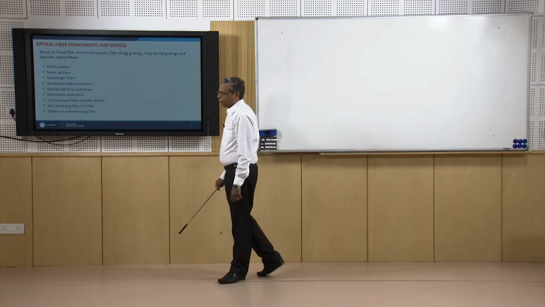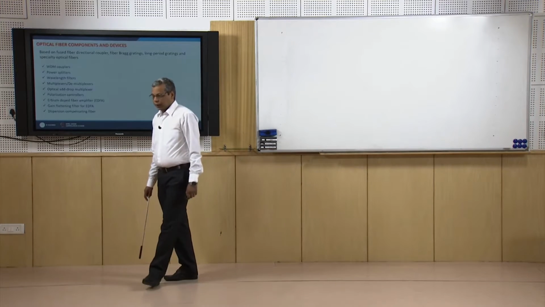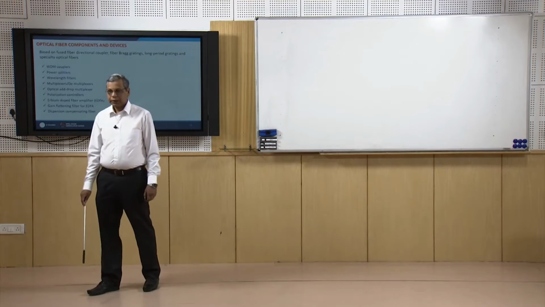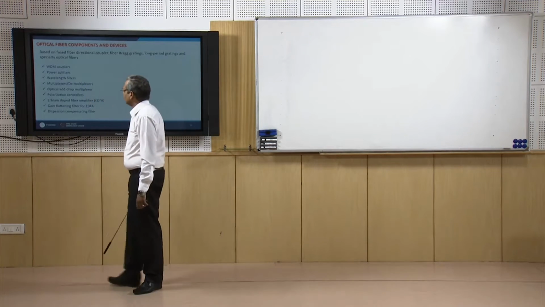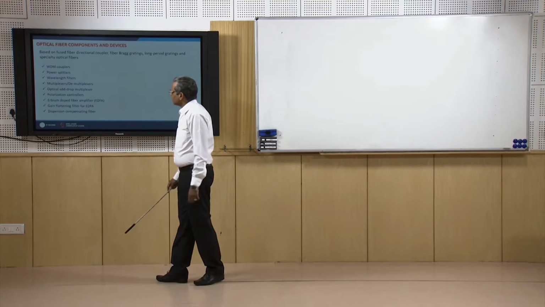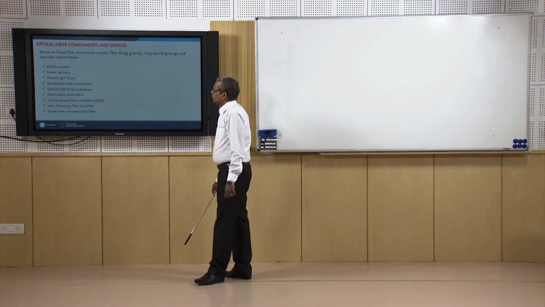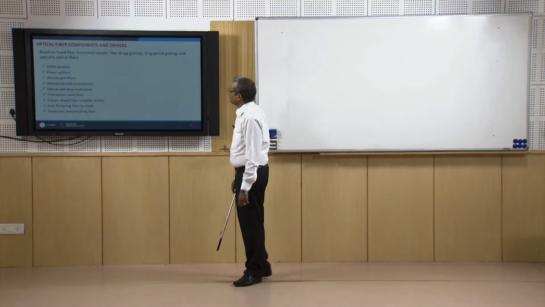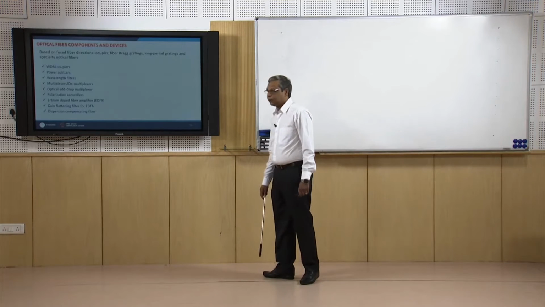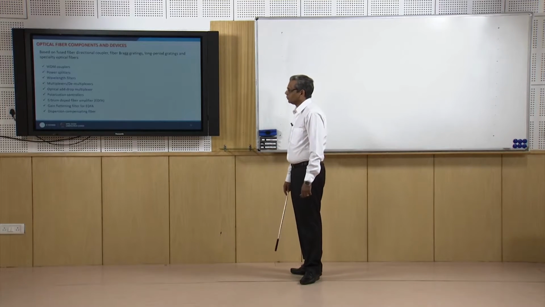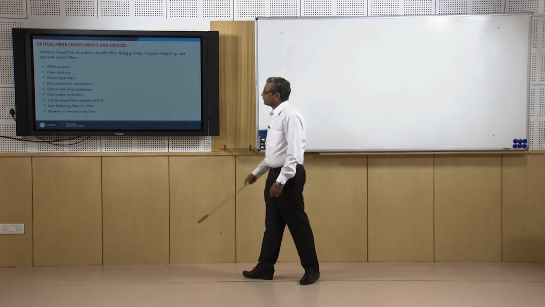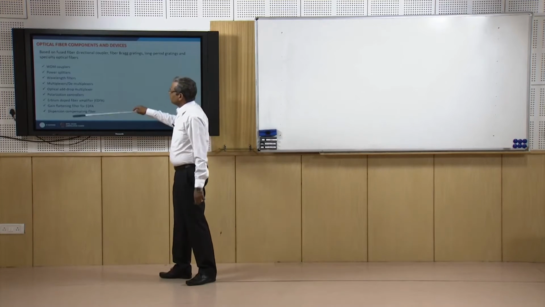Then you have various optical fiber based components, and these components are based on fused fiber directional coupler, fiber Bragg gratings, long period gratings and specialty optical fibers. I have just listed these components here.